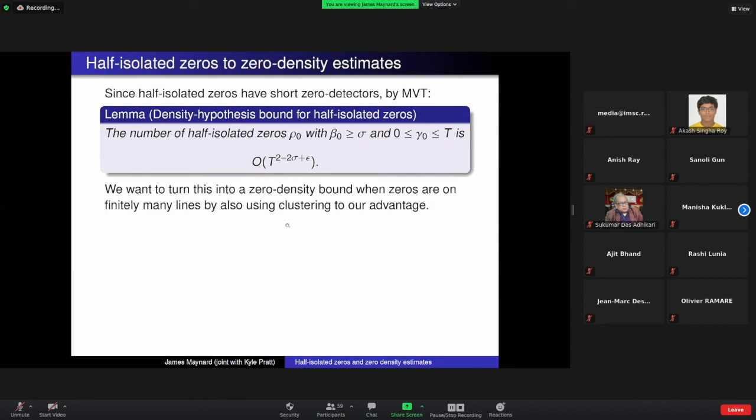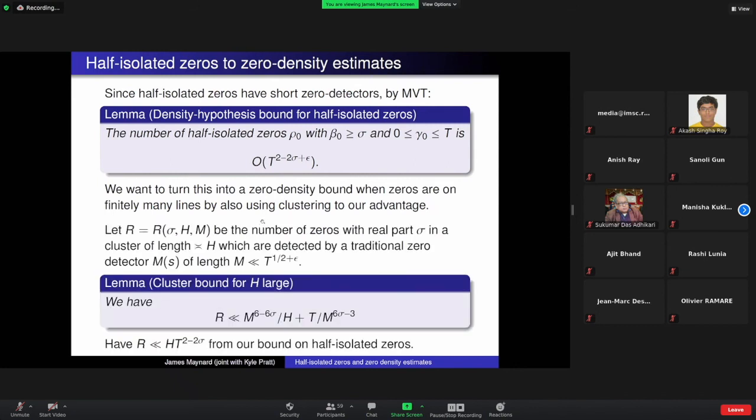And moreover, if you assume that the zeros lie on finitely many vertical lines, then we can really start to use this vertical structure that we now know the zeros must have: there must be some small number of half isolated zeros, and then these dense clusters of zeros lying directly above the half isolated zeros.